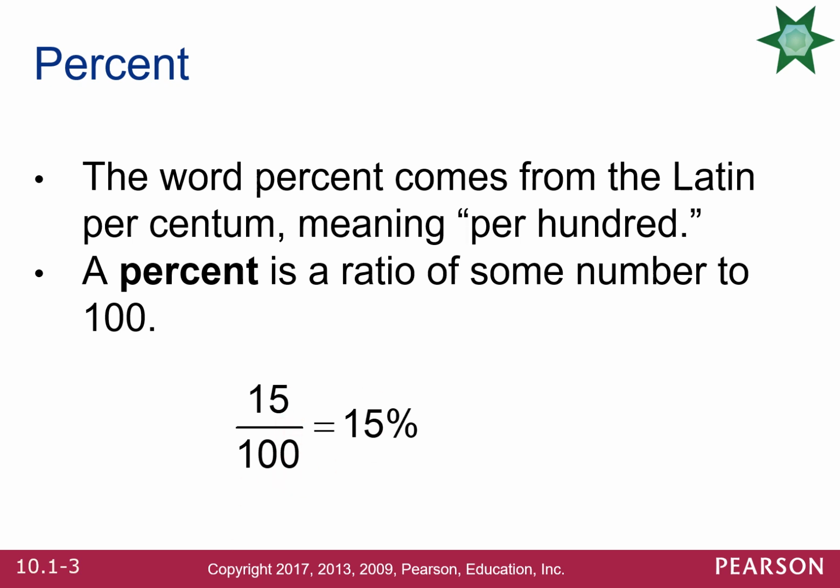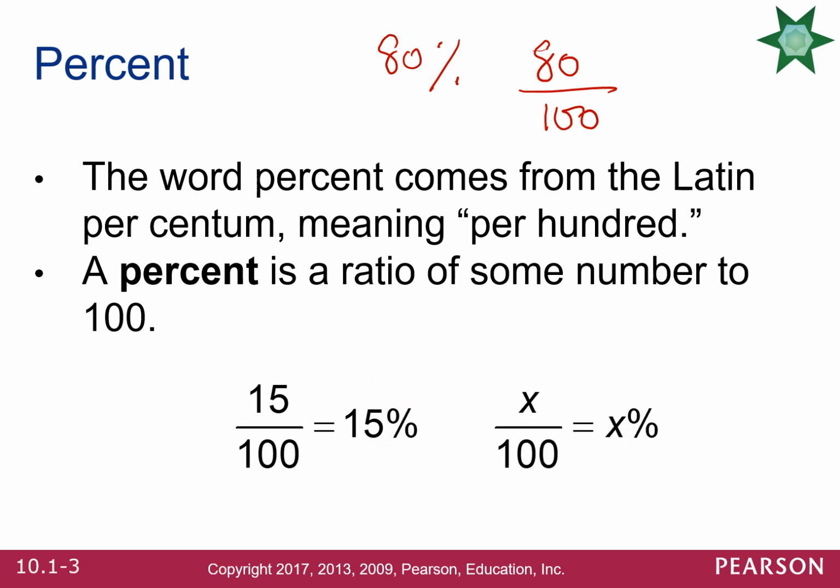So when I tell somebody that you scored 80% in a test, that means the test had a total of 100 points, and out of 100, you scored an 80. All right, that's what 80% implies. Likewise here, 15% implies 15 out of 100. And so X over 100 means X%, right?